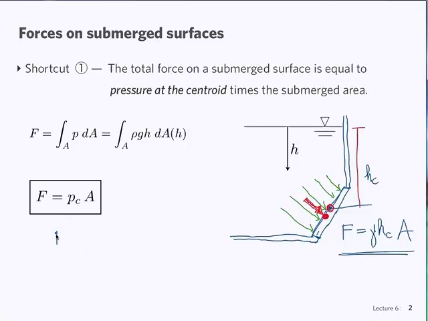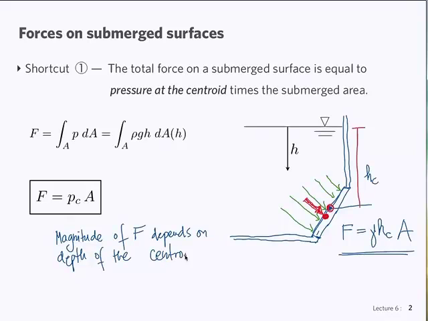So the magnitude of F depends on the depth of the centroid. h_c is the depth of the centroid.